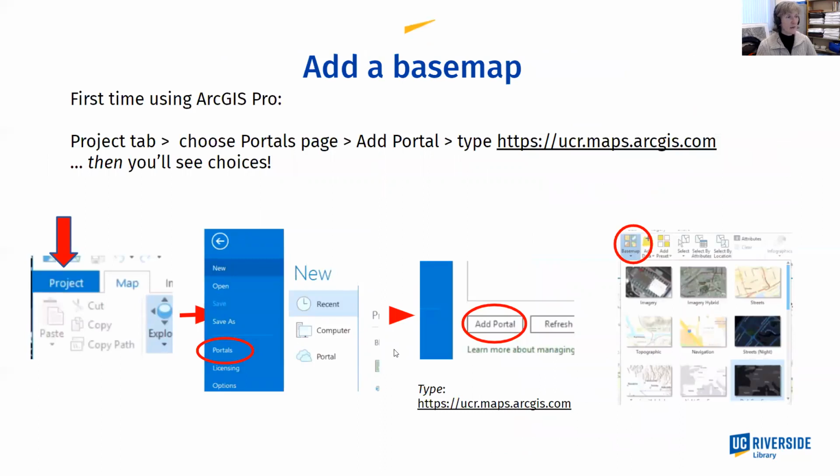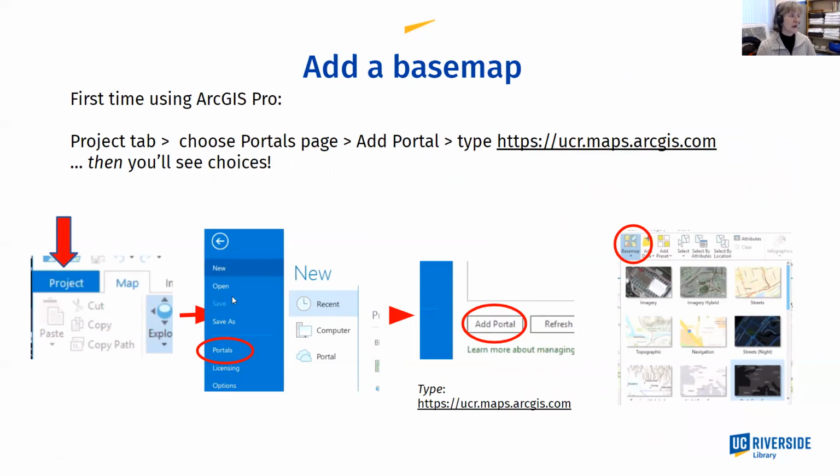And a base map is always nice to have, and there's lots of choices. However, the first time you're using Pro, if you do want to have choices for your base map, I've outlined the steps here, and it's not intuitive, and I fell into this trap the first time I did this. So, but anyway, you'd want to go to the Project tab.